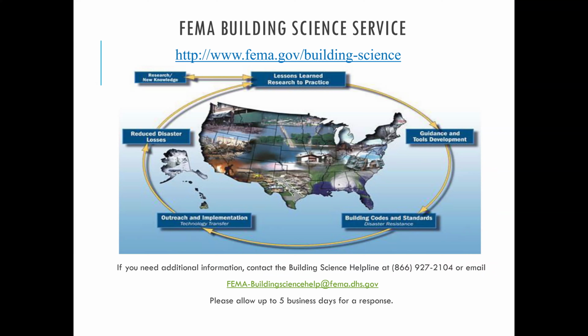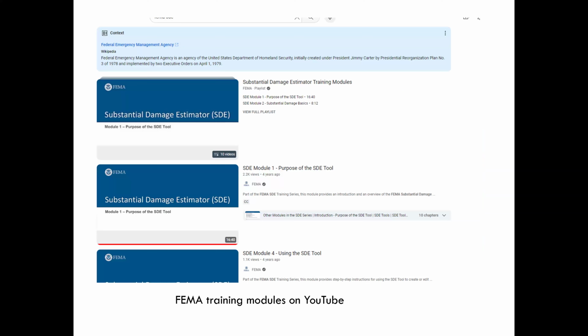That is the number you can call or email if you need additional assistance with the FEMA materials. I don't know how that's been impacted by recent layoffs, but it is still a resource that's available.